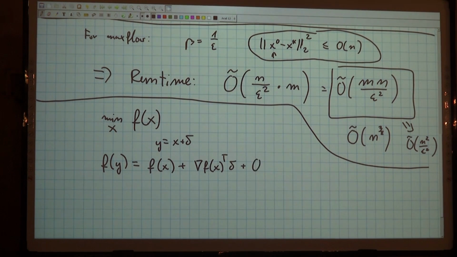But in the end, for the nice functions that we are considering, what we really care about is the term that decays as the norm of delta squared.